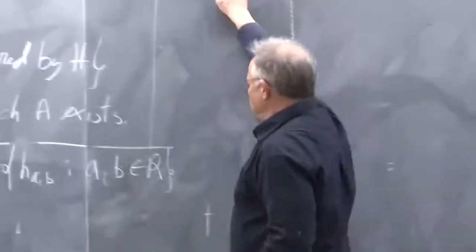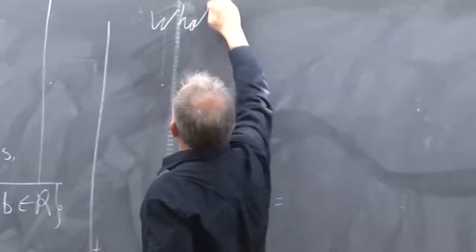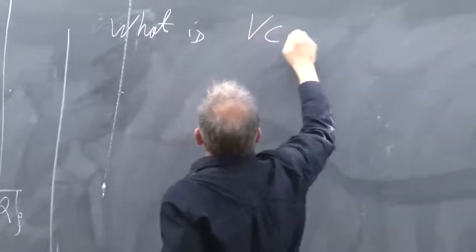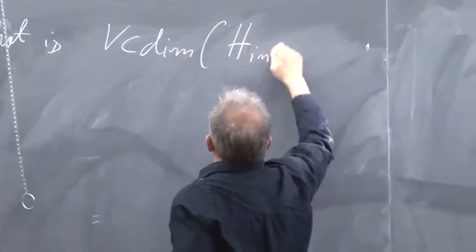So this is the set of all intervals. Every interval is determined by two endpoints, a and b, and we take the class of all intervals. So what we want to analyze is what is the VC dim of H interval.